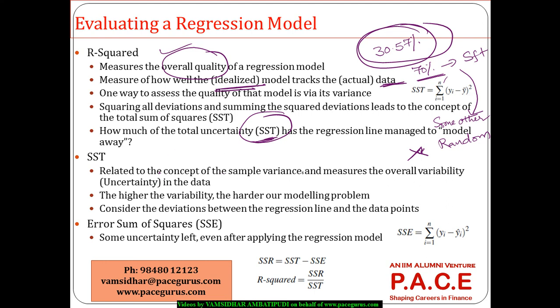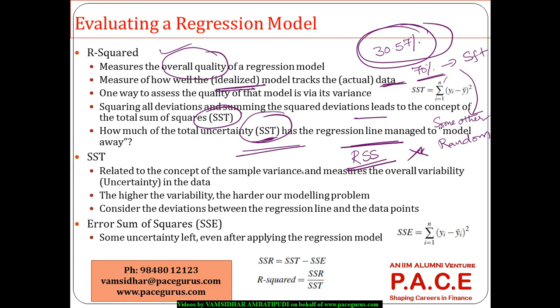Right now here, okay, I think we have tried looking at almost all. Let's see. Squaring all the deviations and summing the squared deviations leads to the concept of the total sum of squares, which we have already seen. How much of this total uncertainty or variation has the regression line managed is what comes out as the regression sum of squares, right?